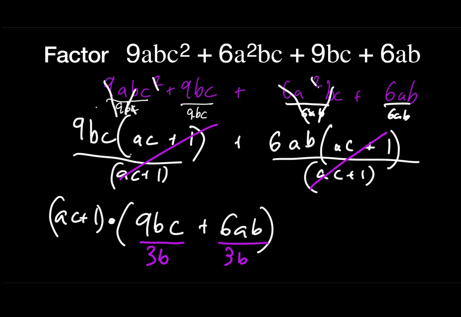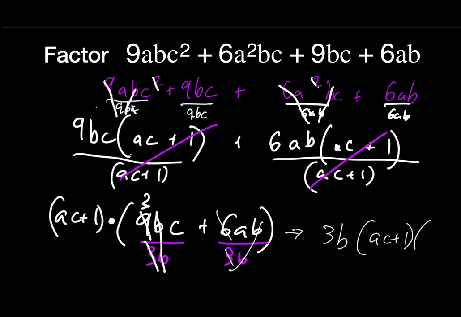So then I'm going to have that 3b out in front. There will be the ac plus 1. And then the b's reduce. This reduces to 3. The b's reduce. This reduces to 2. It would be 3c plus 2a.